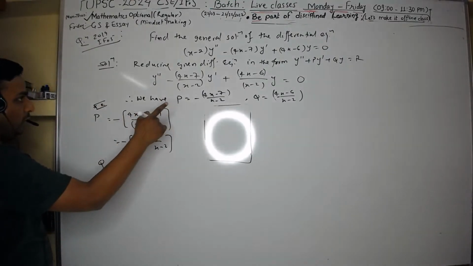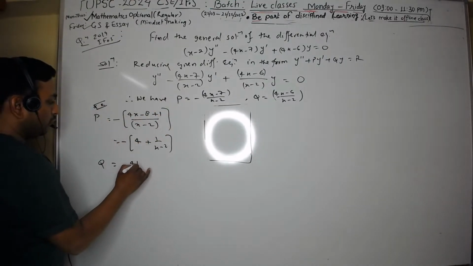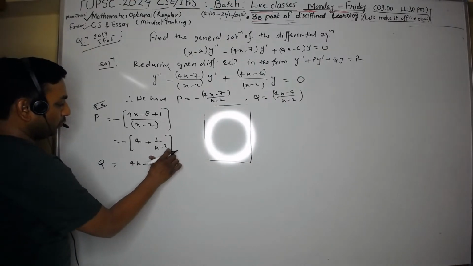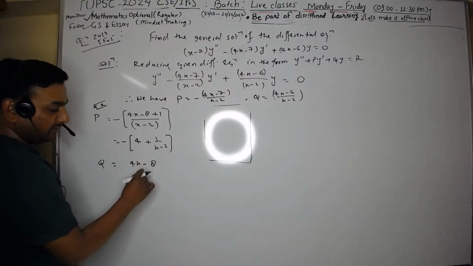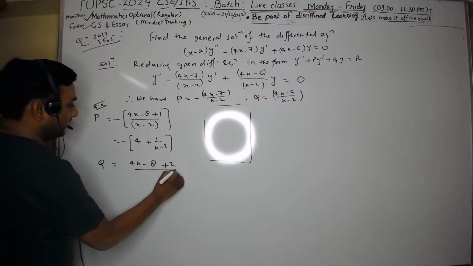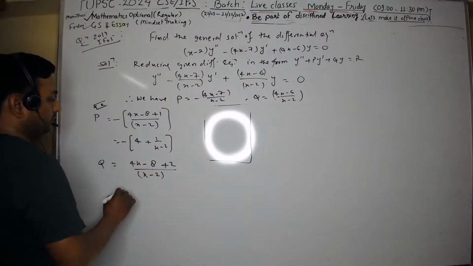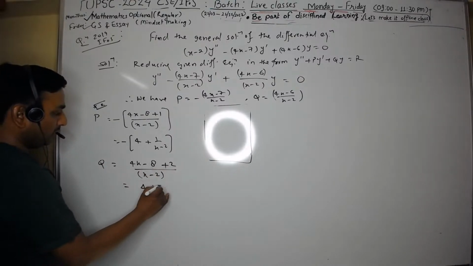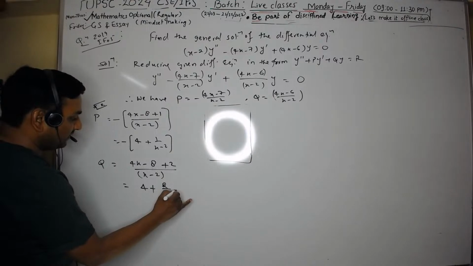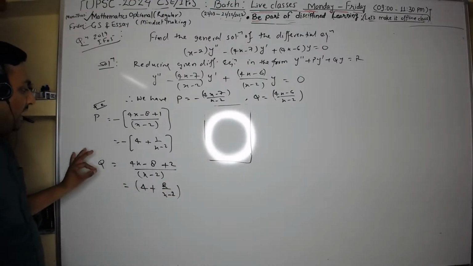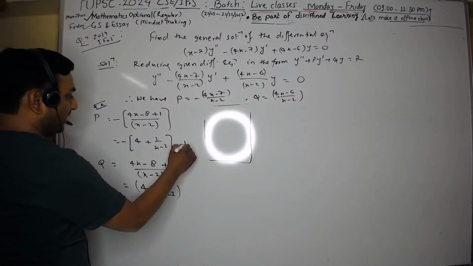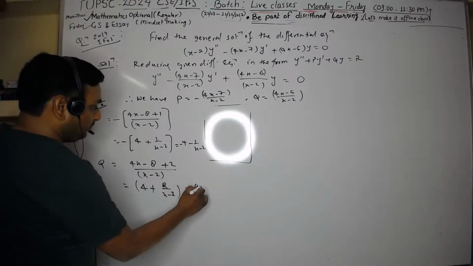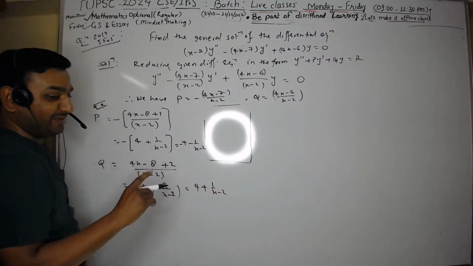Similarly, I should go for q as well. q is 4x minus 6, so write it as 4x minus 8, 2 added, 2 subtracted, divided by x minus 2. If you take 4 as common, this will come out as 4 plus 2 upon x minus 2. So what you have is p as minus 4 minus 1 upon x minus 2, and q as plus 4 plus 1 upon x minus 2.